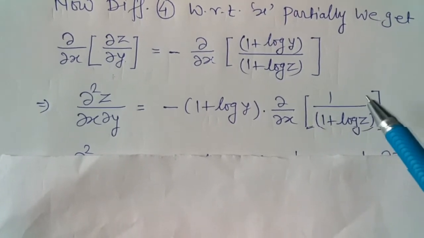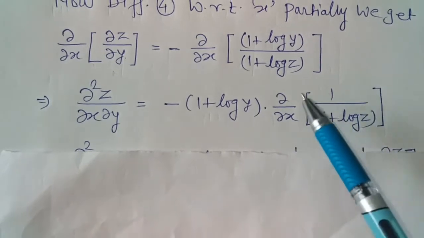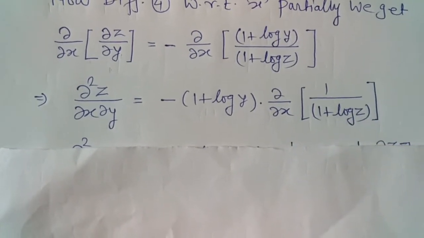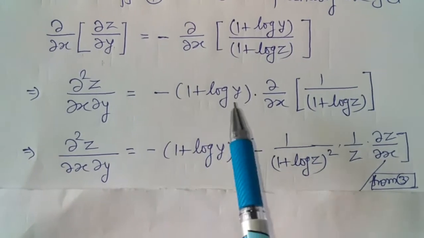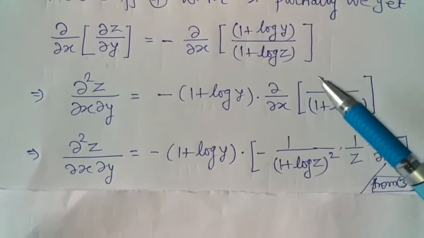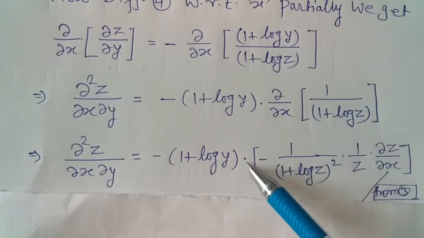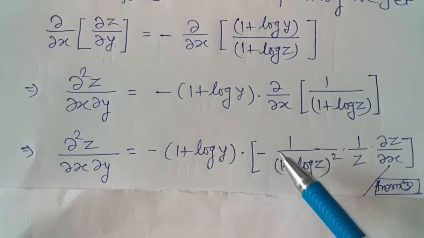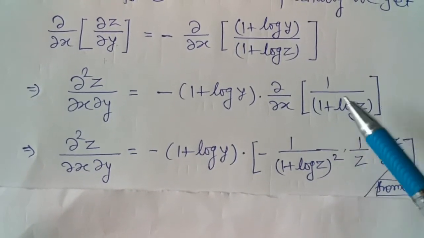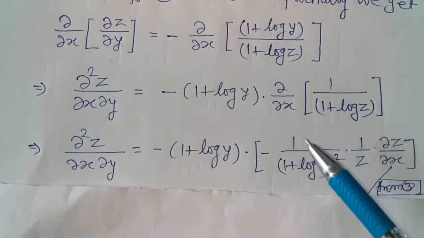Dependent variable always gets differentiated with respect to every independent variable. So now we differentiate 1 upon 1 plus log z with respect to x partially. So we get minus 1 plus log y as it is. First we differentiate 1 upon 1 plus log z. So we get minus, differential of 1 upon 1 plus log z is minus 1 upon 1 plus log z whole square, as the differential of 1 upon x is what? Minus 1 upon x square.